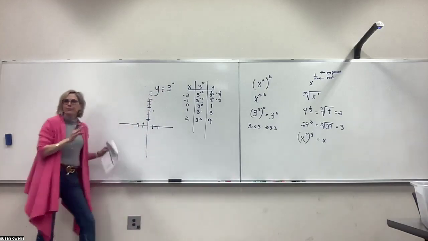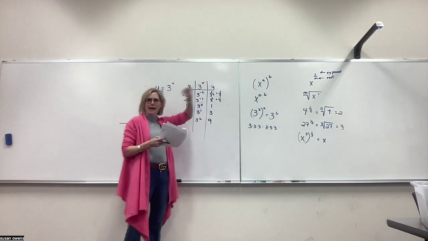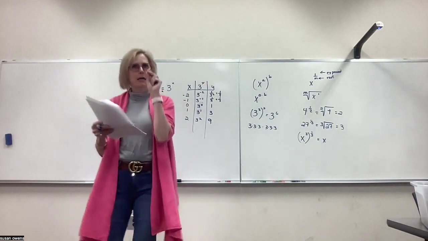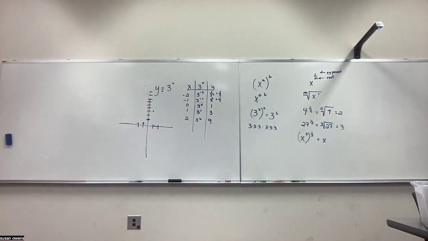Now, is there any number that I could put for that exponent? I want you to think about this. If the exponent is negative, it gives us a fraction. If the exponent is positive, it's going to be a big number. Is there any number that's ever going to give me a 0?